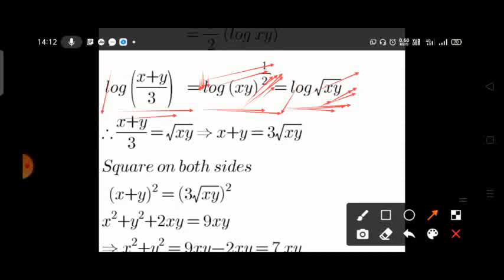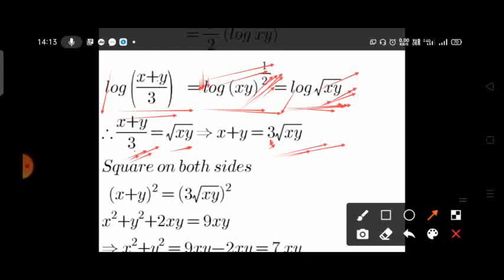Now the remaining is x plus y by 3 is equal to root xy. So here x plus y is divided by 3. If the 3 goes to that side, it becomes a multiple, a coefficient of root xy.